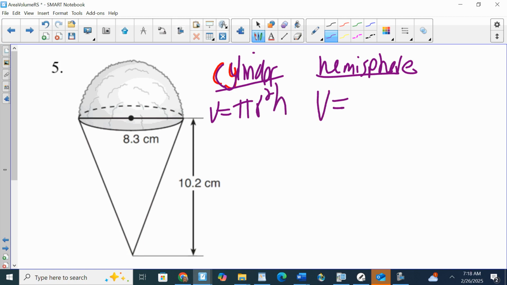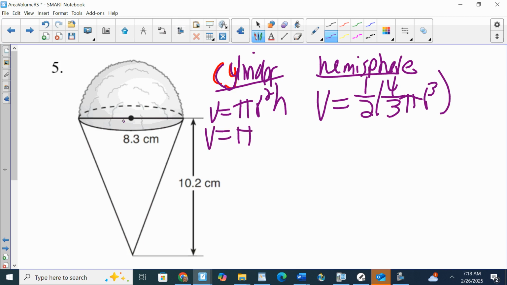Hemisphere, since it's 1/2 of a shape, it's 1/2 of 4/3 pi r cubed. The radius is 1/2 of the diameter. You can use a calculator if you need to. 1/2 of 8.3 is 4.15. The height of the cylinder is 10.2.